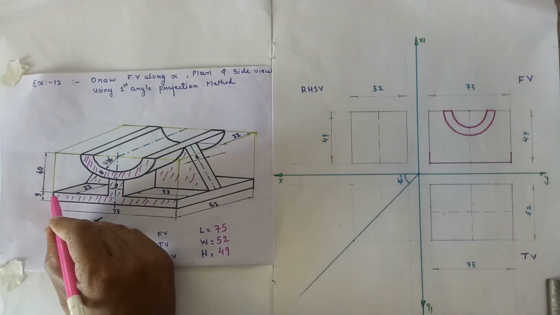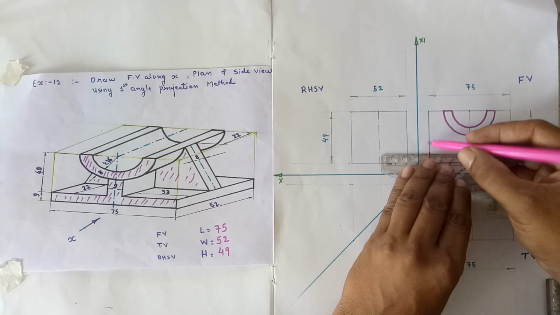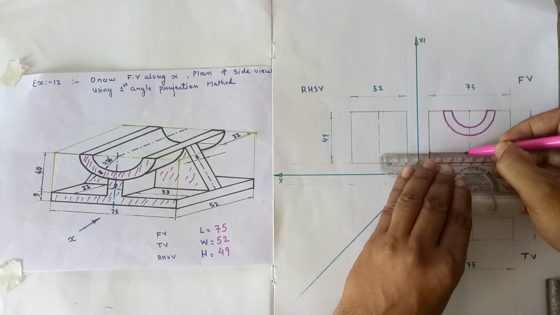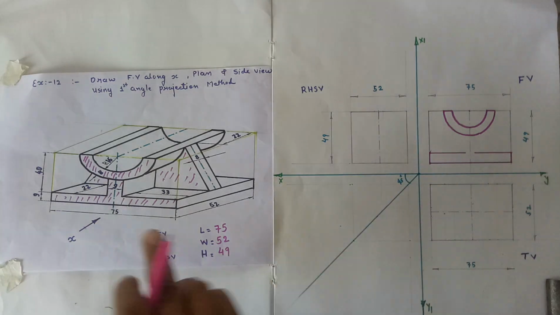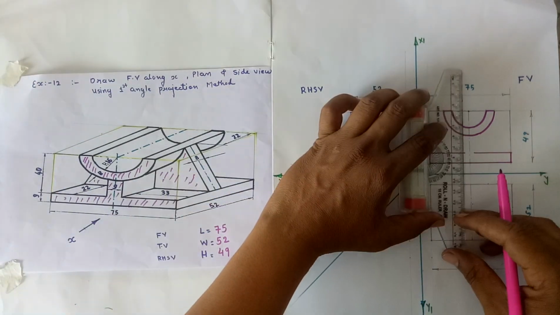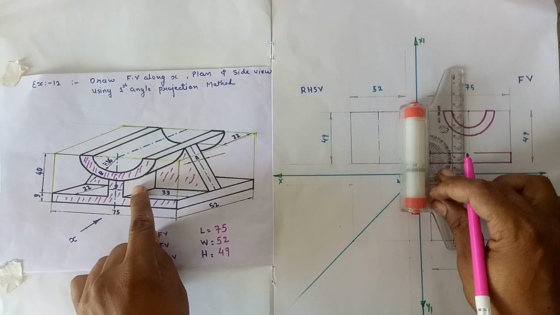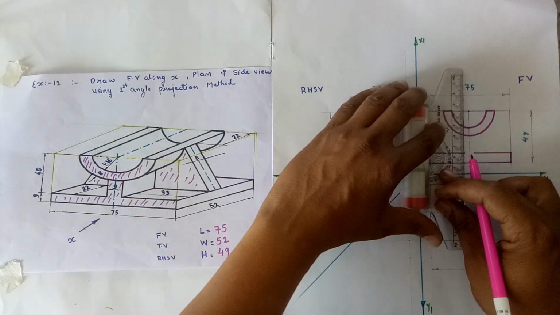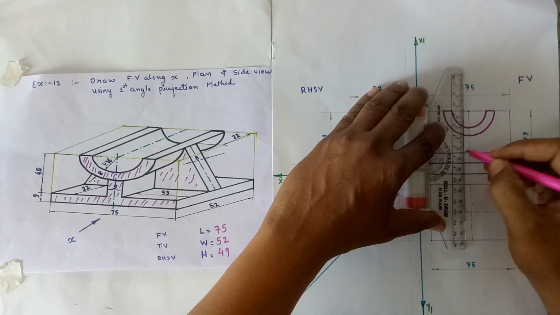Now this edge, now this part. The width of this part, this is known as rib, is 9 mm.